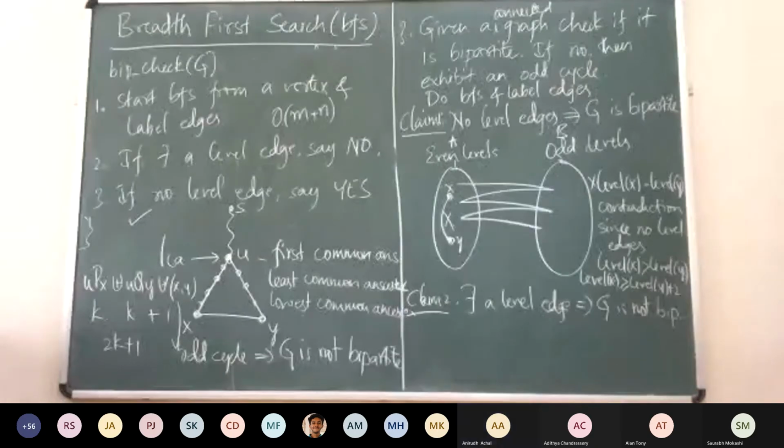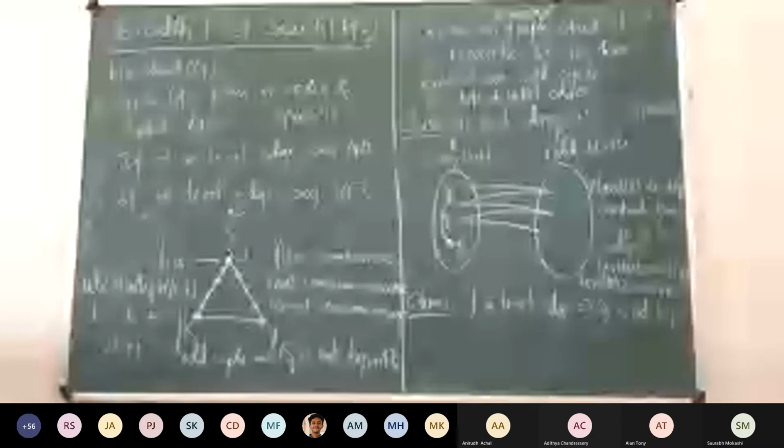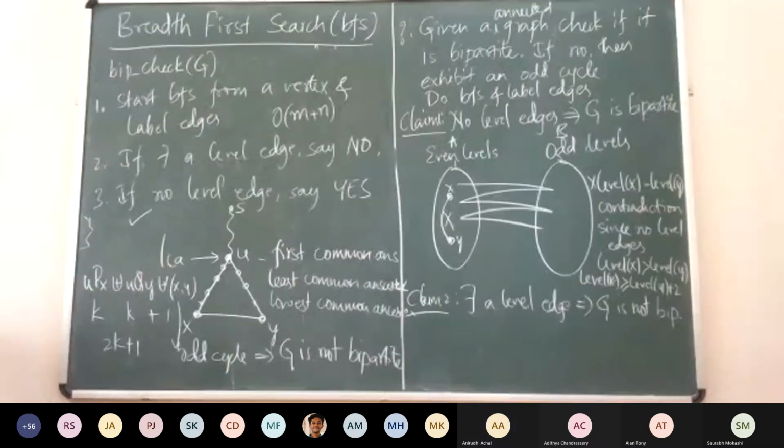Yes, sir. Now, how do you compare? You have labeled everything as 1 or 2. If there is an edge between two vertices which are both labeled 1 or both labeled 2, then there is a contradiction, right? Yes, sir.